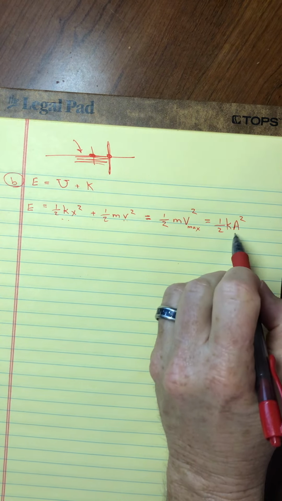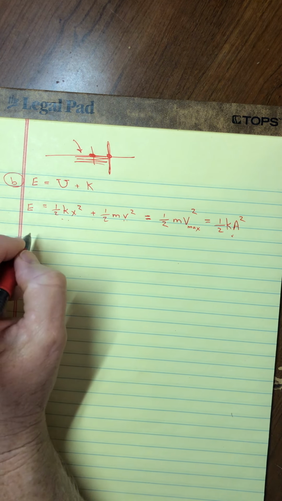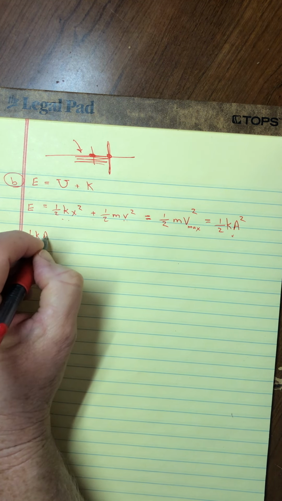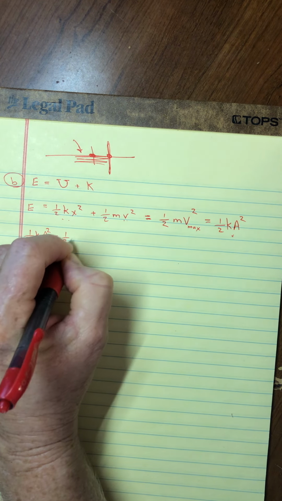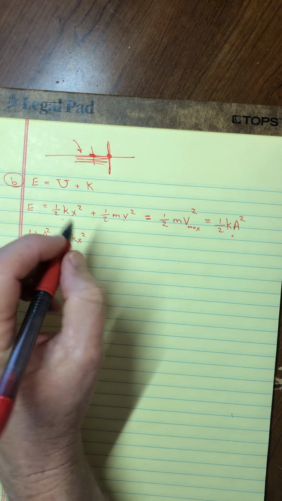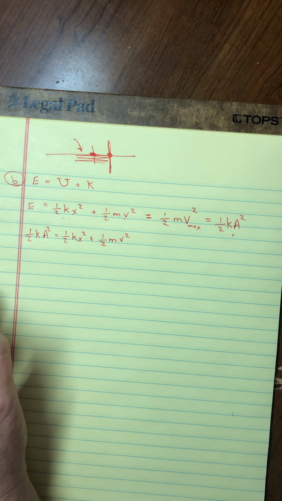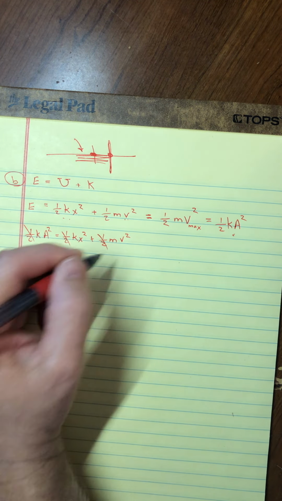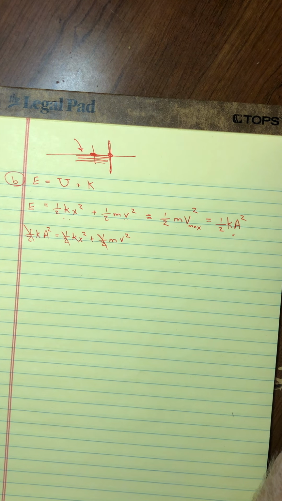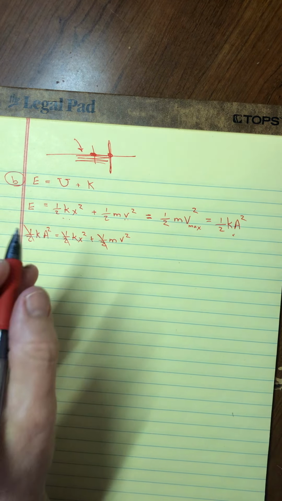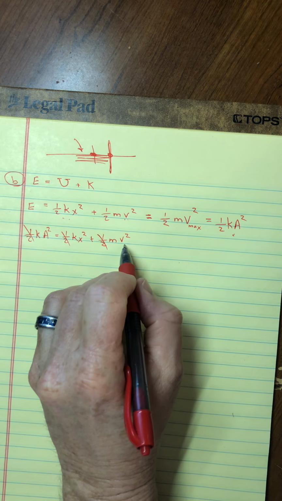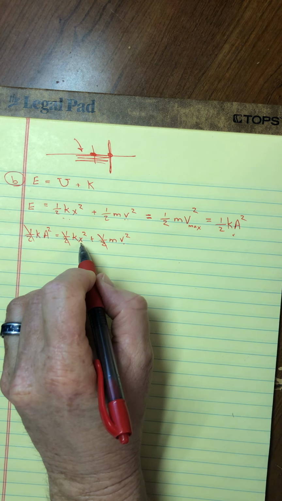In fact, I think I'll take advantage of that and write 1/2 k a squared is equal to 1/2 k x squared plus 1/2 mv squared. And then, of course, there's a half in each term, so I can get rid of that. And now you'll see I have an equation that gives me velocity as a function of position.